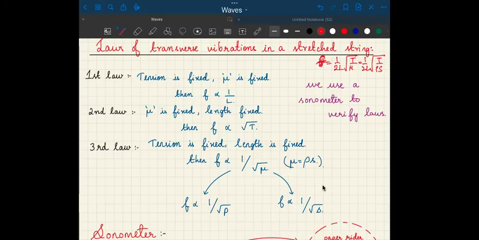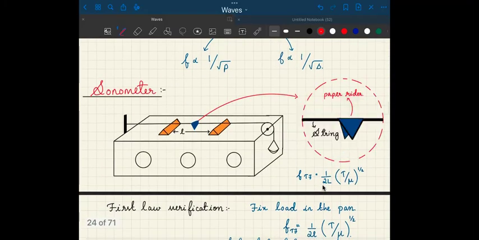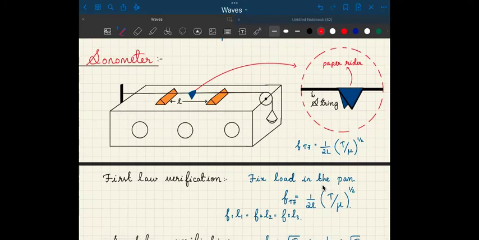There is an instrument called a sonometer. Using a sonometer, you can verify these laws. Now I'll show you the description of the sonometer. This is how a sonometer looks. Remember, it is a hollow wooden box. The entire thing inside is a hollow wooden box.